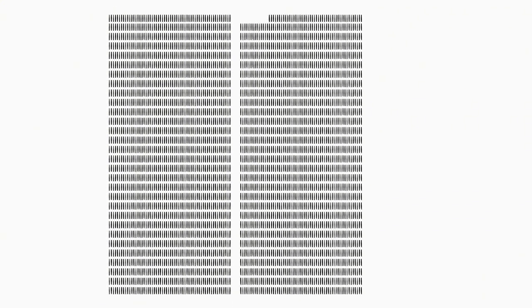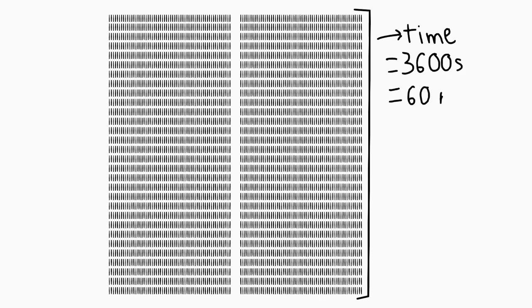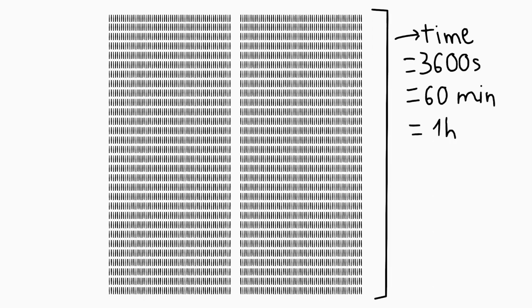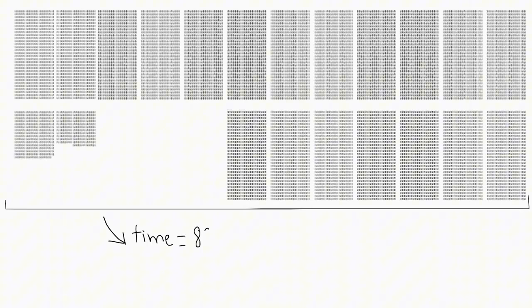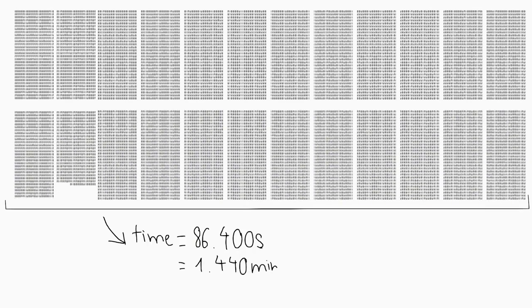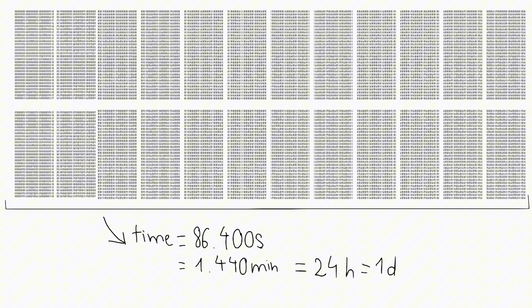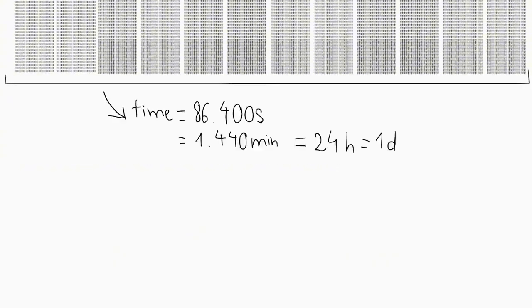And this one shows 3,600 seconds or 60 minutes, as well as 1 hour. Adding more sticks, we have 86,400 seconds, equal to 1,440 minutes or 24 hours as 1 day.